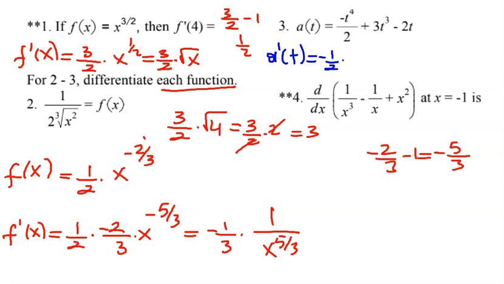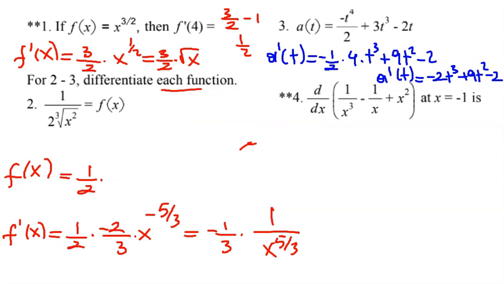So -1/2 times 4 times t to the power of 3 and plus 9t squared and minus 2. Of course, we need to put our answer in the most simple way. So a prime of t is going to be equal to -2t cubed and plus 9t squared and minus 2. And that's going to be our final answer.